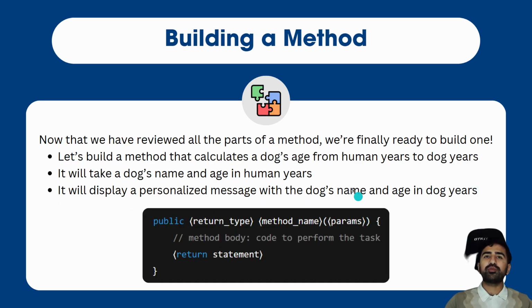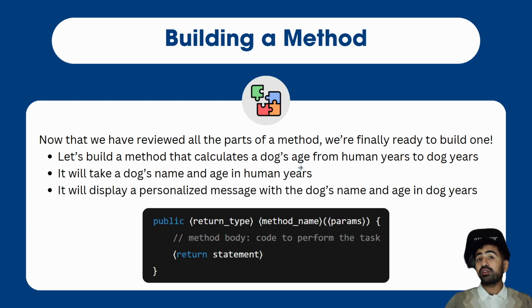So let's finally build our method. Again, I said we're probably going to go with public, so we are going to throw the public in there, but we need something to aim for, right? I know in a previous video we did the dog's age from human years to dog years. Apologies for the video because I mixed up those two terms. I said from dog years to human years. It's confusing. But anyways, we have our dog's age, right?